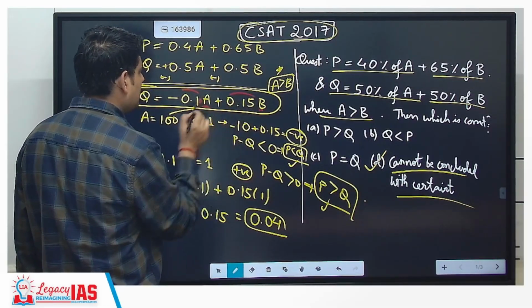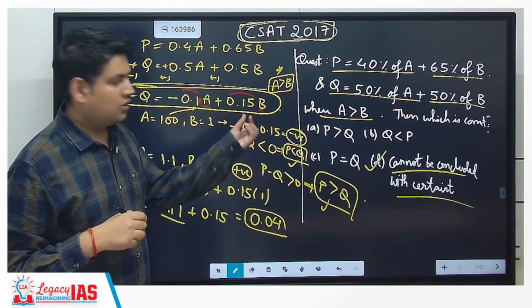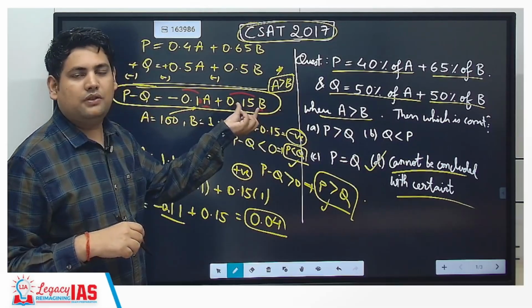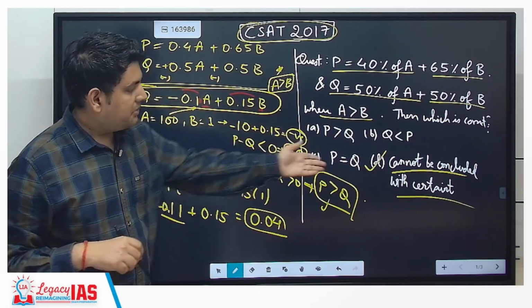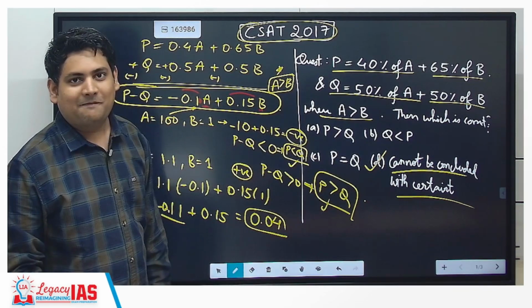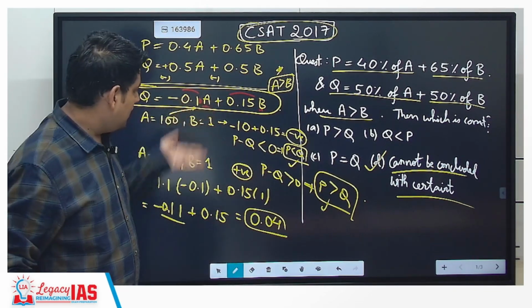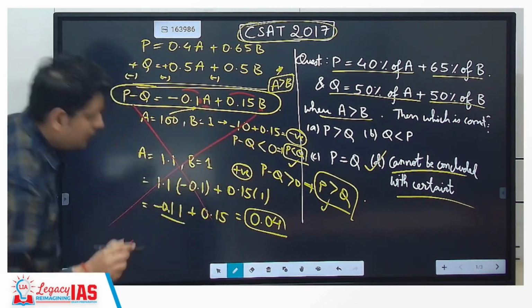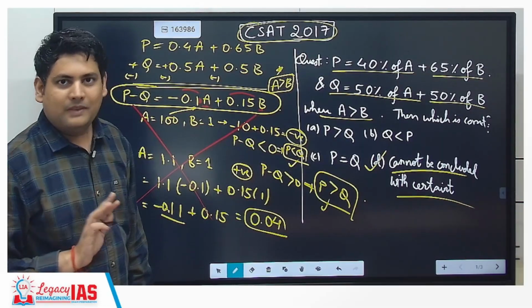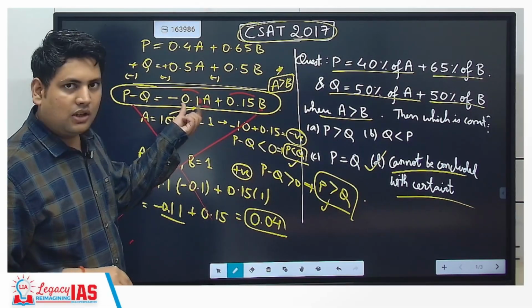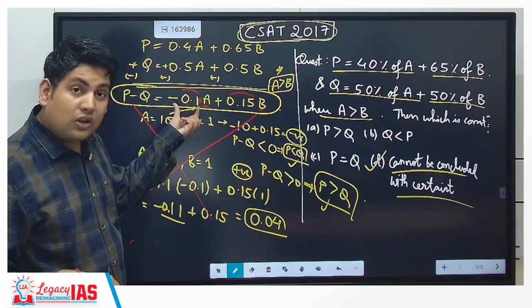So this is 0.10, correct? So this one is bigger. So the smaller one has a bigger coefficient. This becomes a problem, cannot be concluded. That will be your answer. Understood? Just by seeing this, all this is not needed at all. Simply see the coefficient of the bigger number, but not the bigger coefficient.